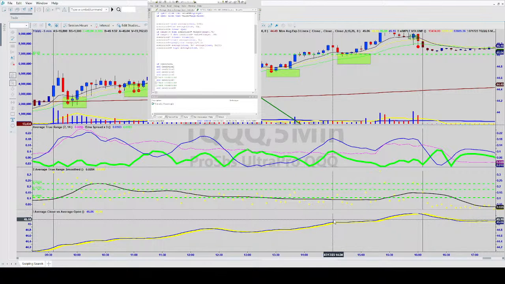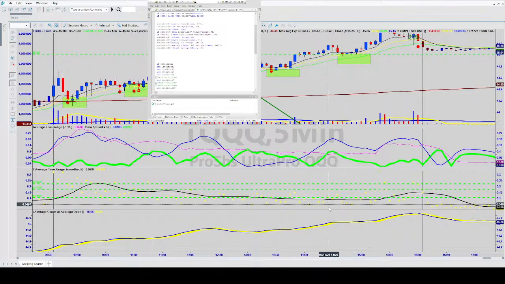And that's weird. So, yeah. Either way, it's 45.06, but this high being 45.05. No, that wouldn't do it then, would it?